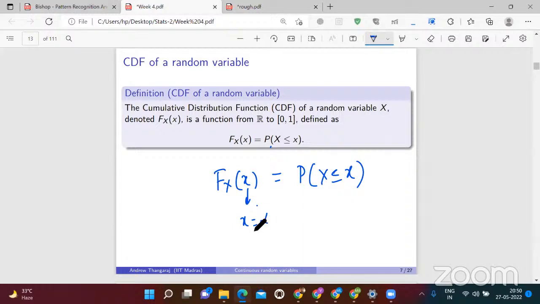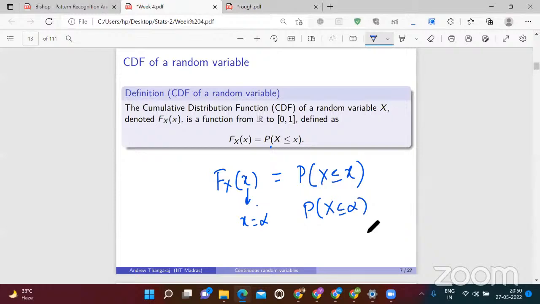If x is equal to alpha and alpha is some constant, you just do the summation of all the probability values till that alpha point.